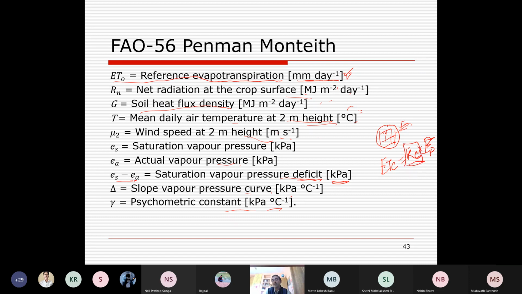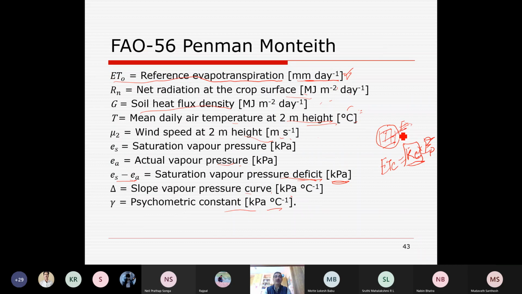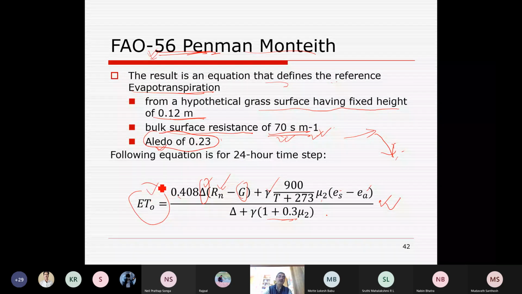So how to find out this coefficient? That is an important aspect now. It is basically the crop coefficient approach here. Now, what is crop coefficient? To get the actual ET for a particular crop, here we have measured either evaporation or evapotranspiration for the reference crop condition.